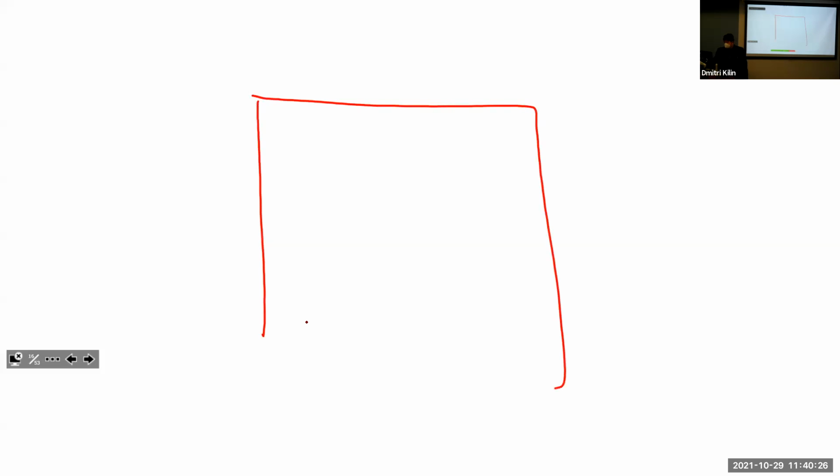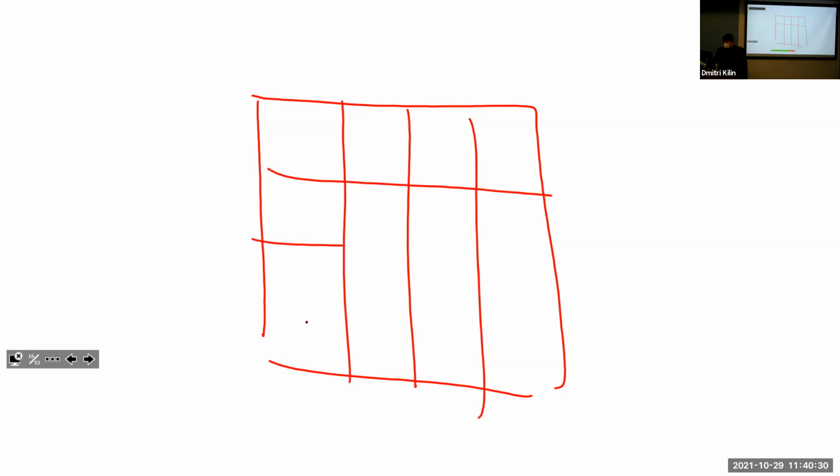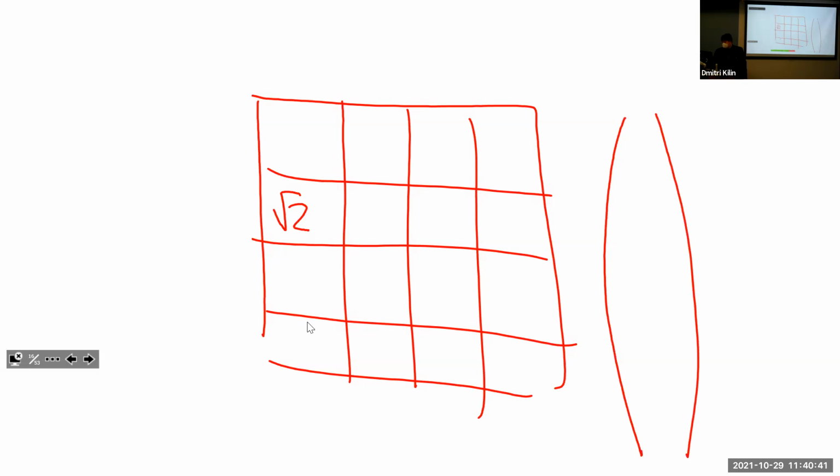So when we do have an element here, and we have a matrix that would correspond to the ground state, right?